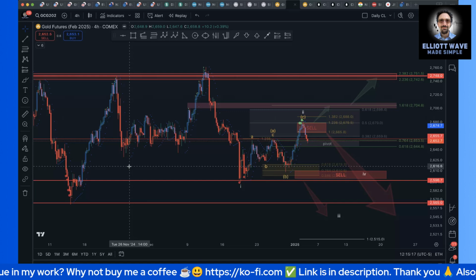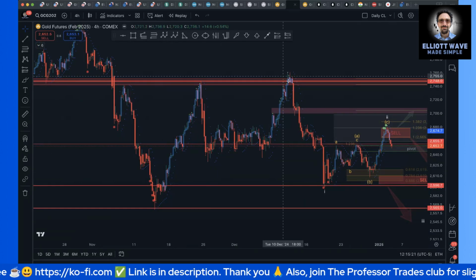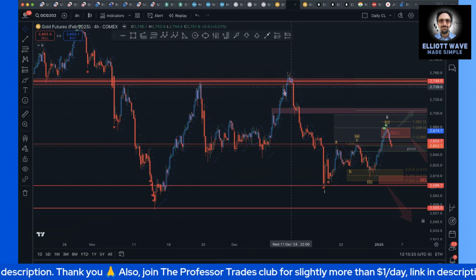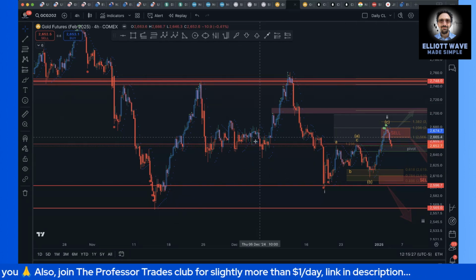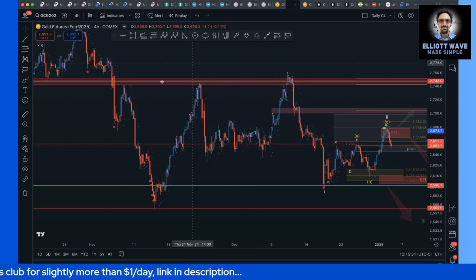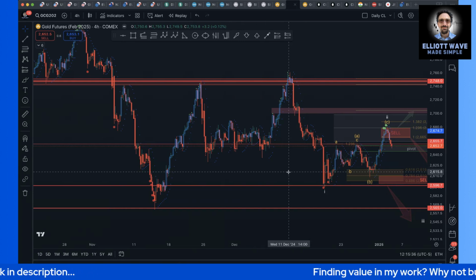This structure is so janky over here, and especially in here. That's why I don't really like this as an impulse to go higher. There was nothing about this that measures well, very asymmetrical, it's just corrective. That's a clue in itself, when it's complex, asymmetrical, and doesn't really follow any standard move.